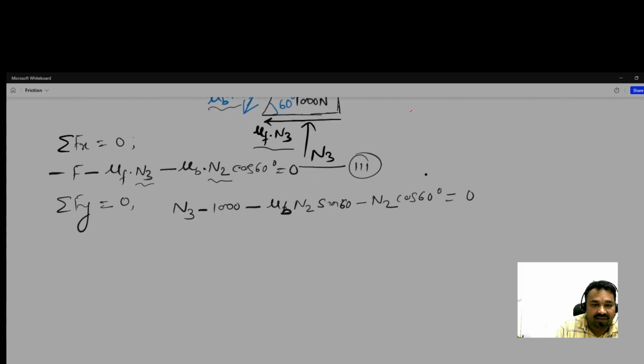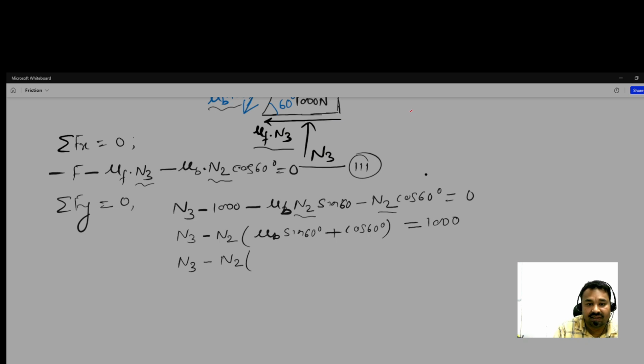And let us simplify it. So N3 minus, here N2 we're taking common, so it becomes mu B sin 60 degree plus cos 60 degree, and it is equal to 1000. Okay, and this N2 is what we know, that N3 minus N2, and mu B is what?